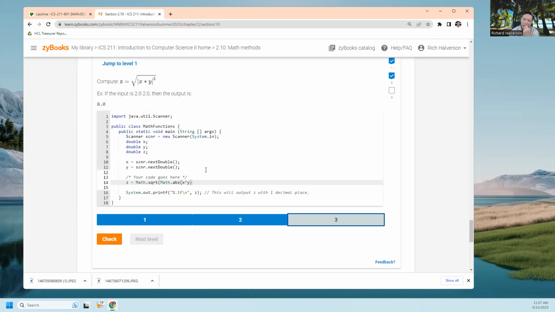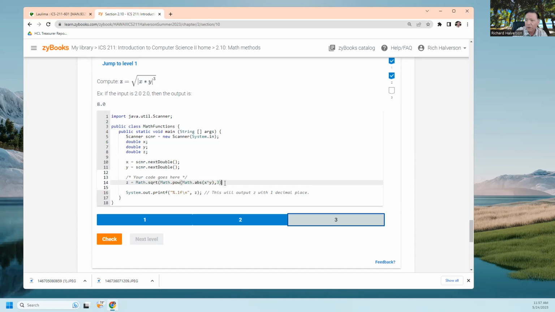It's already absolute value. This is what they're looking for: Math.pow of this to the third power.